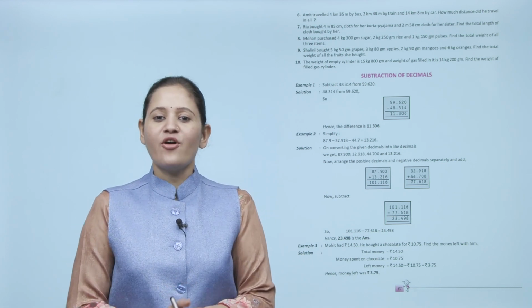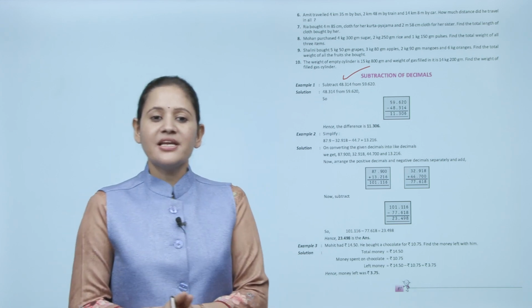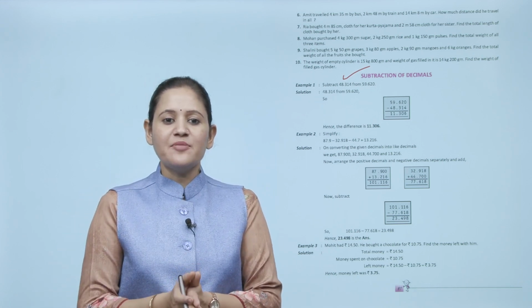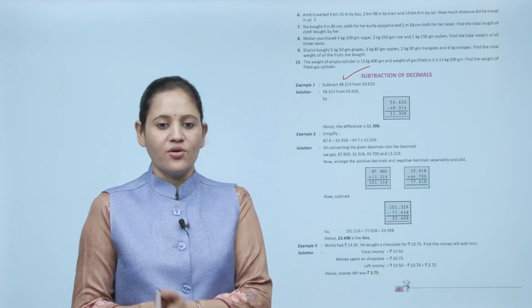Next is subtraction of decimals. Example लेते हैं. Subtract 48.314 from 59.620.